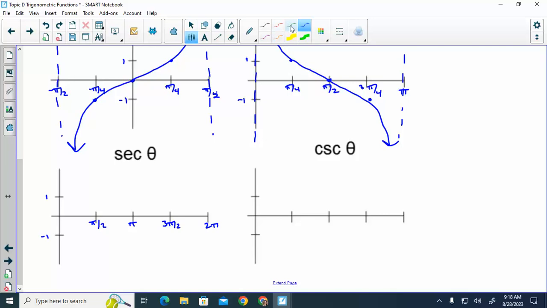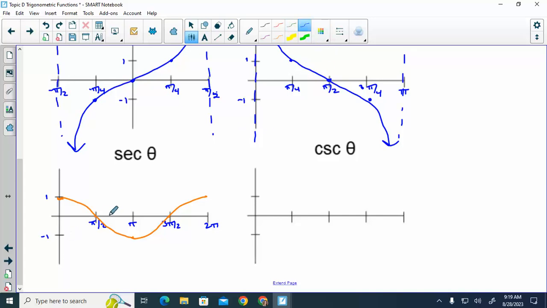Okay, so what I usually have to do is just lightly draw in cosine. So cosine started at 1, went to 0, negative 1, back to 0, and so forth. So this isn't my actual graph. So just very lightly sketch that in, or some people didn't even draw it in at all, which is fine. Or some people drew it in and then erased it later, so any of those options are fine. Because that's not my final graph, that's just cosine.